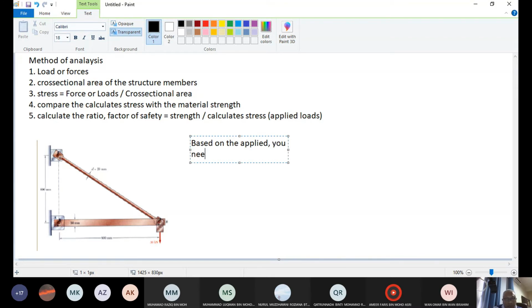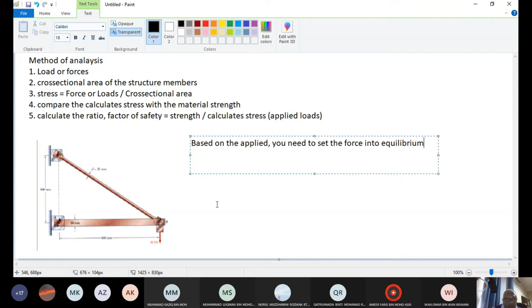This is something we have learned, something we have agreed, which is that everything should be in equilibrium.